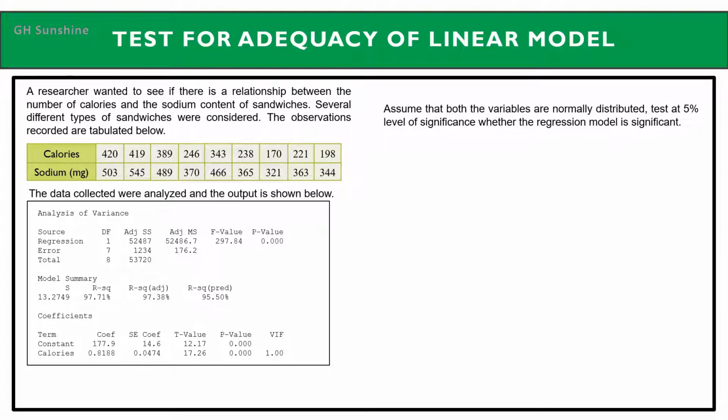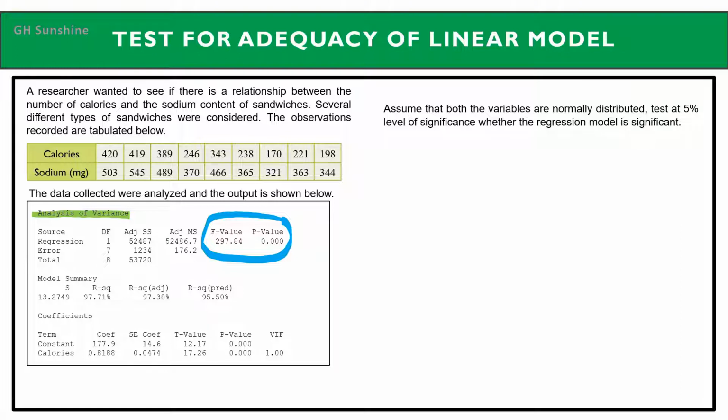Next, we continue with the test for adequacy of linear model. So this one, we want to test whether the regression model is significant or not. So we will use this Minitab output based on F value or P value.